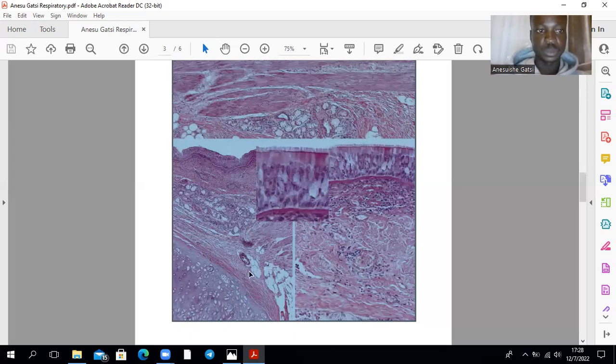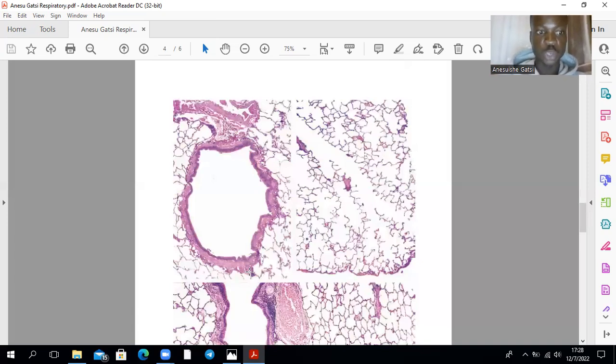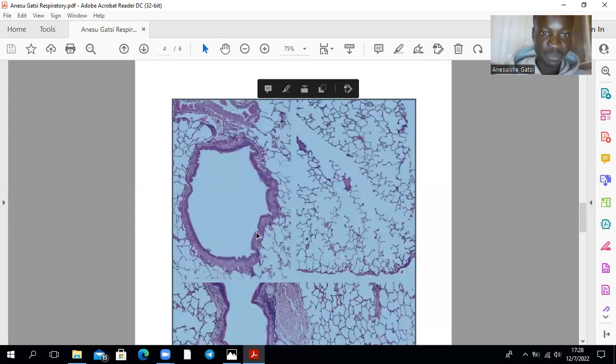Then if you go to the bronchioles, this is a bronchiole. And remember, we said this is the epithelium. That's your bronchiolar epithelium. Then this is going to be smooth muscle surrounding it. That's smooth muscle.